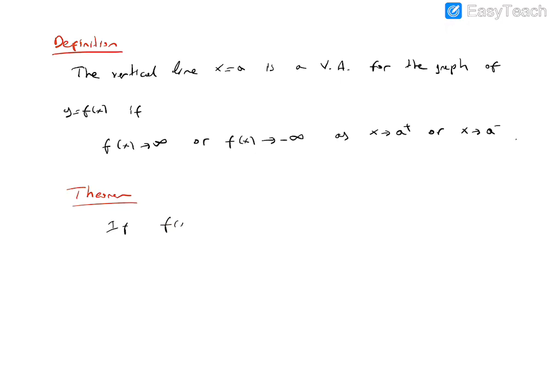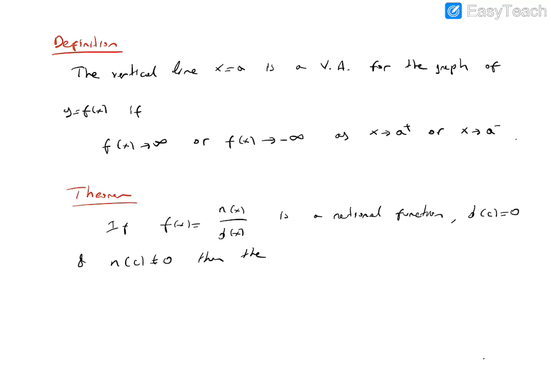If f of x equals n of x over d of x is a rational function, and, as in the previous course, d of c equals 0 and n of c is different than 0, then the line x equals c is a vertical asymptote of the graph. Why?